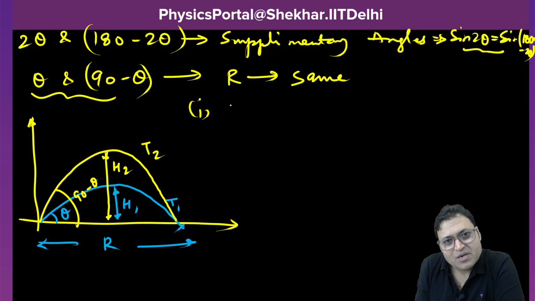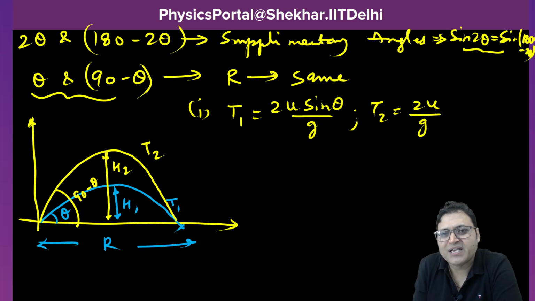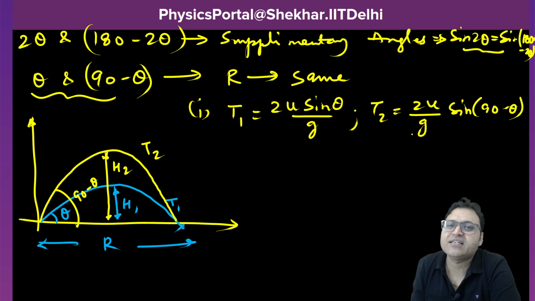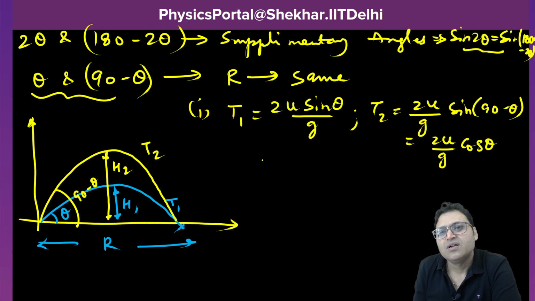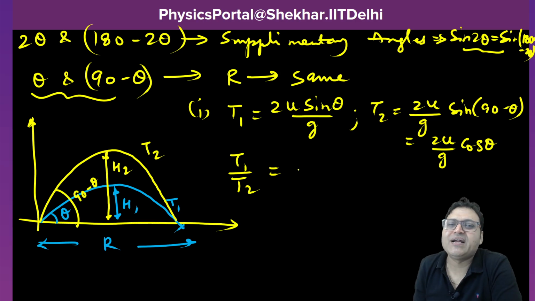Range will be the same. So if we write T1 is equal to 2u sin theta by g, and what about T2? That is 2u by g times sin 90 minus theta, and sin 90 minus theta is cos theta. So if we divide T1 by T2, 2u by g gets cancelled out.